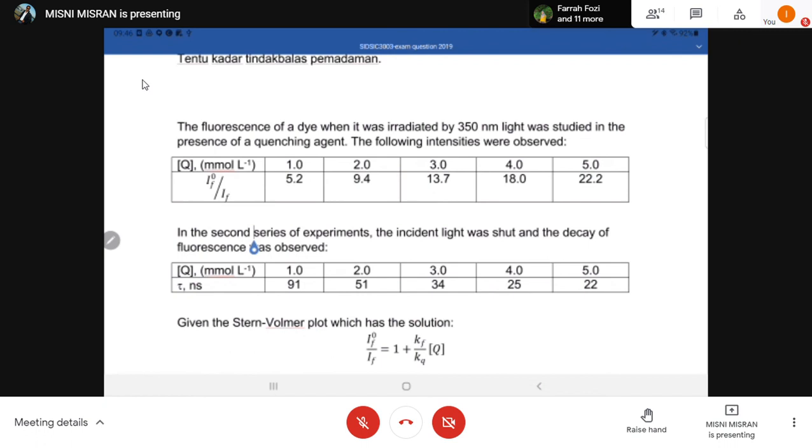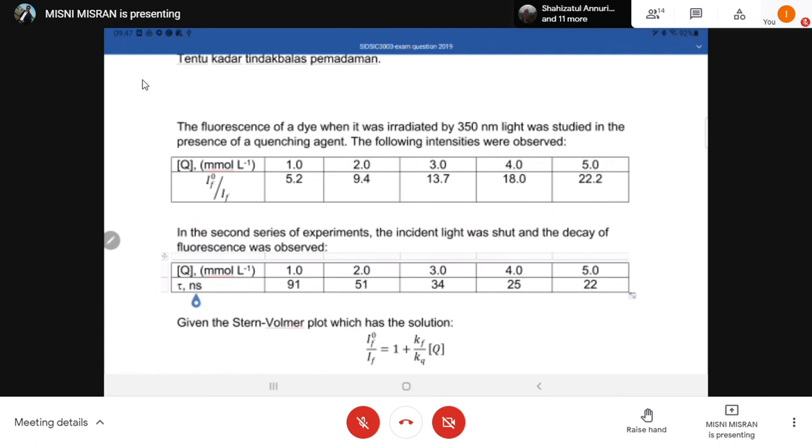And remember, this is millimolar, concentration in mole per liter or mole per decimeter, so this value here is 0.001. The second question is also the same. This is millimolar.